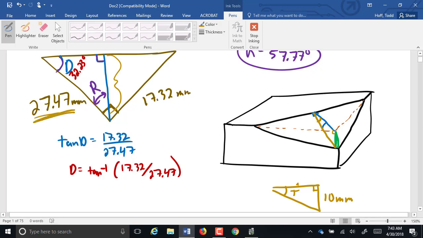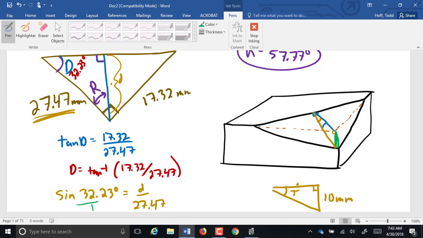Well, this is the hypotenuse of that triangle. This would be the opposite side, so that's going to be sine of 32.23 degrees equals that opposite side, which I'm going to call side little d because it's across from angle big D there. It's going to equal little d over 27.47. So to find it, I'm just going to cross multiply and divide.